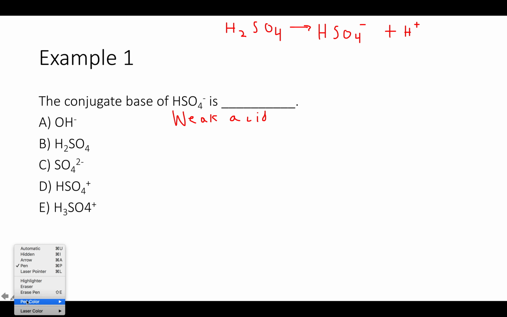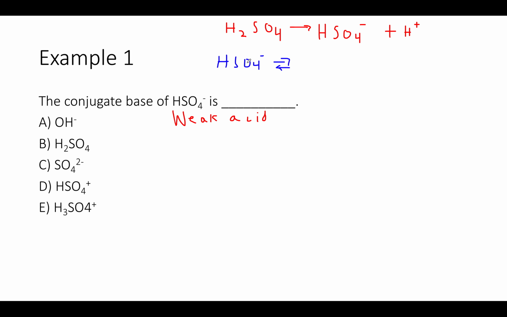Now, it's important to understand this because HSO4 minus is a weak acid. So if you're going to dissociate a weak acid and look for conjugate base or acid pairs, you need to include the equilibrium. It shows that the reaction can shift back and forth.